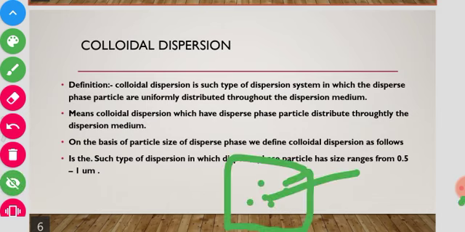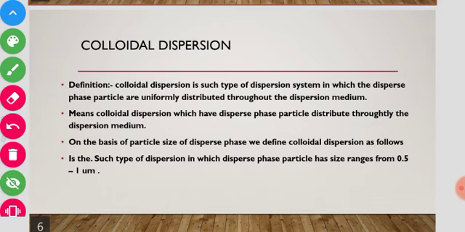Colloidal dispersion is such a type of dispersion system in which the dispersed phase particles are uniformly distributed throughout the dispersion medium. Uniformly means throughout.